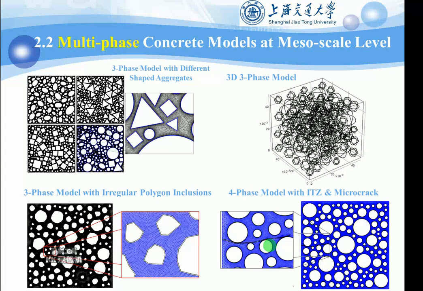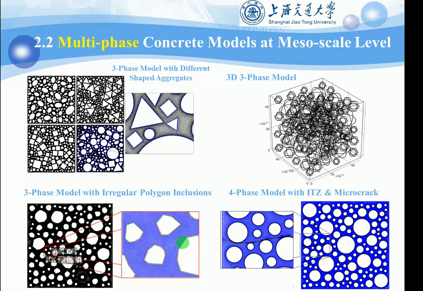Note that all the aggregates here are randomly generated by using a MATLAB program under the Fuller gradation. By using these models from the mechanical point of view, if the properties of individual materials involved in concrete are known, then the properties of concrete mixture should be predictable.